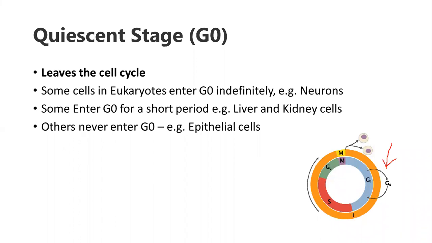During the G0 phase, in short, the cell is neither dividing nor preparing to divide. So it leaves the cell cycle. Now let's look at mitosis, or the mitotic phase.